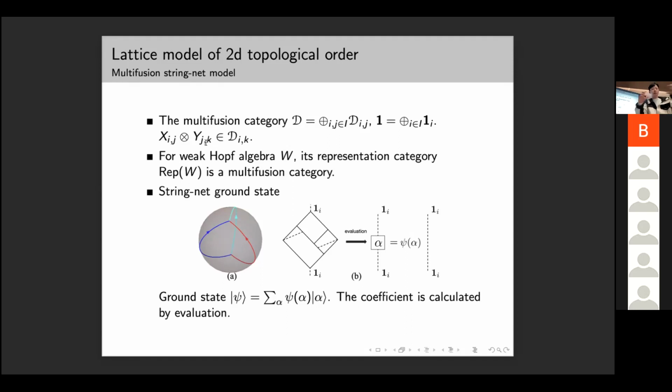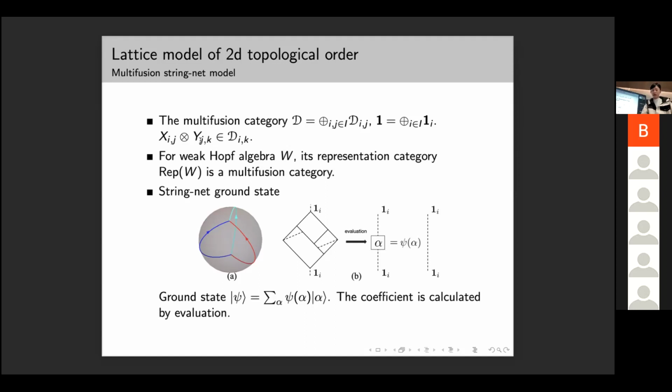It cannot be fused arbitrarily. If this Y is in the D_lk component, and this l is not equal to j, the fusion is just zero. So this is the basic part of the multi-fusion category. And the typical example is just the weak Hopf algebra.